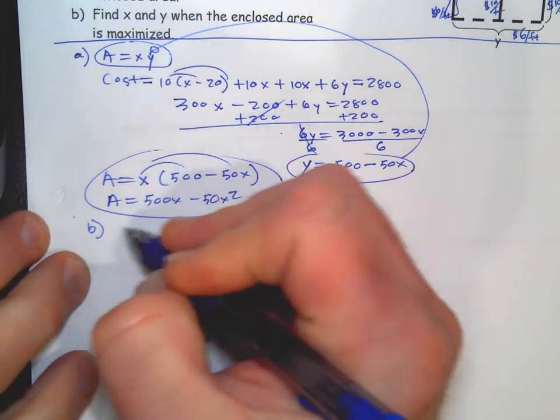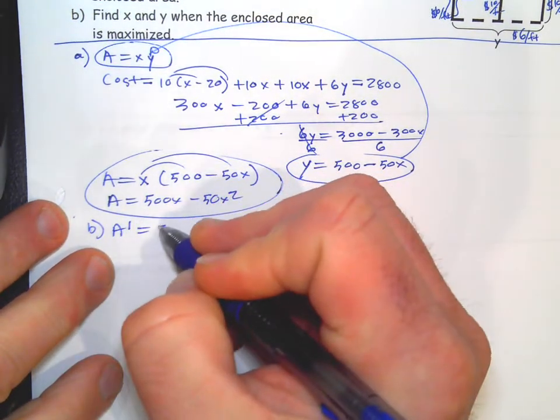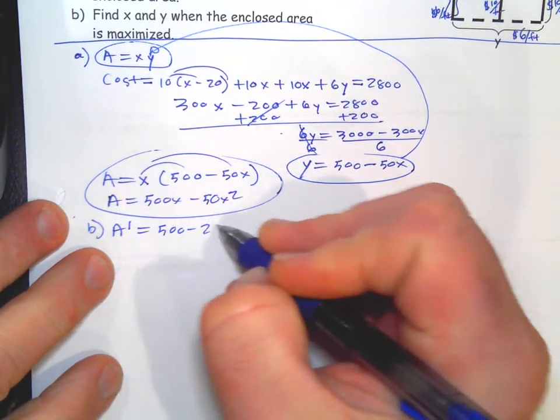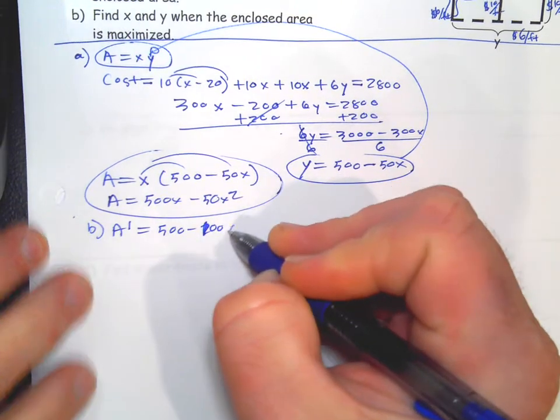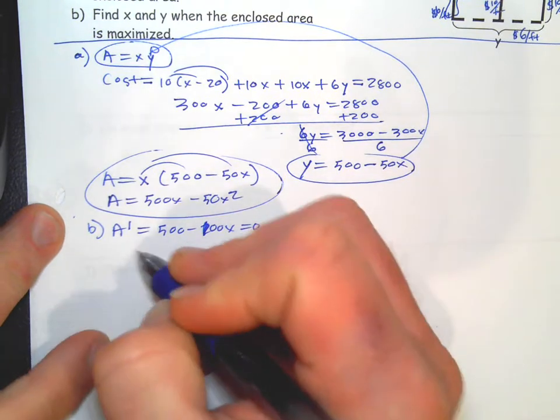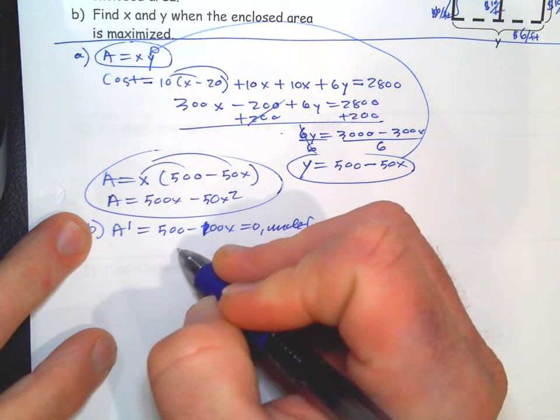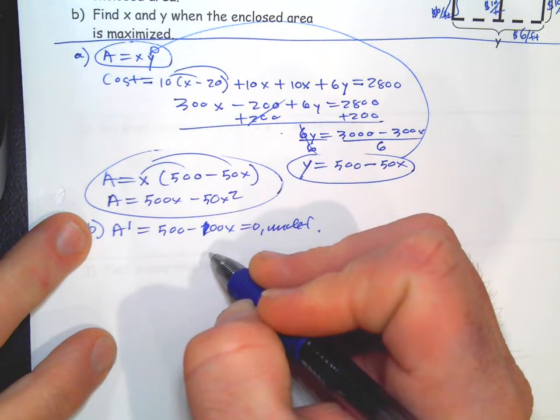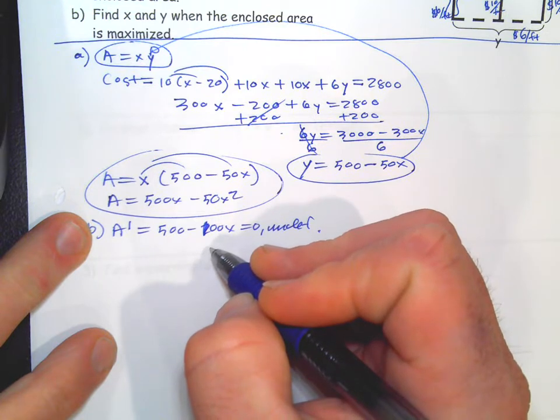Part B says find x and y when the enclosed area is maximized. So we need to find critical points. A prime equals 500 minus 100x equals 0, undefined. And then, let's see. Just making sure this all looks good.